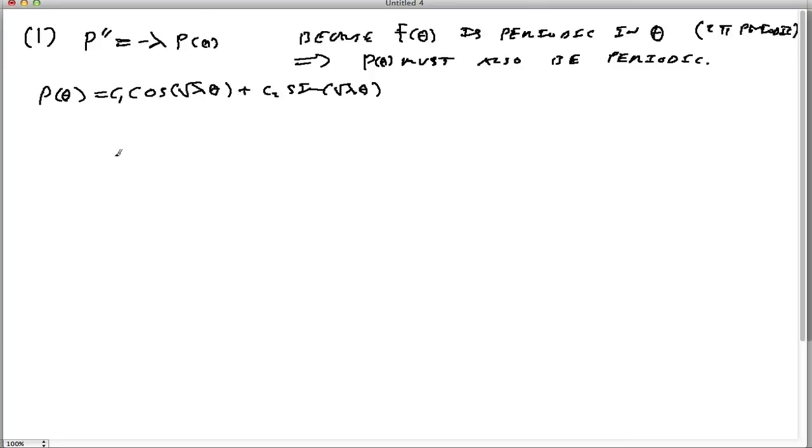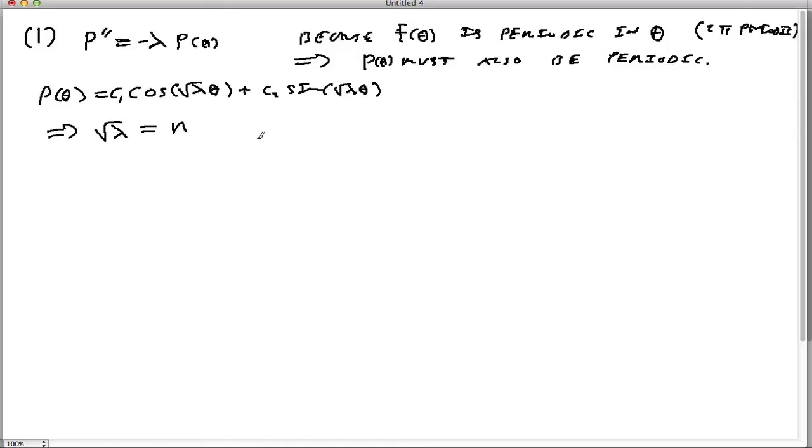Okay, so 2 pi periodic, and that means then that square root of lambda has to be n, right? That's the only way to make cosine and sine both 2 pi periodic.